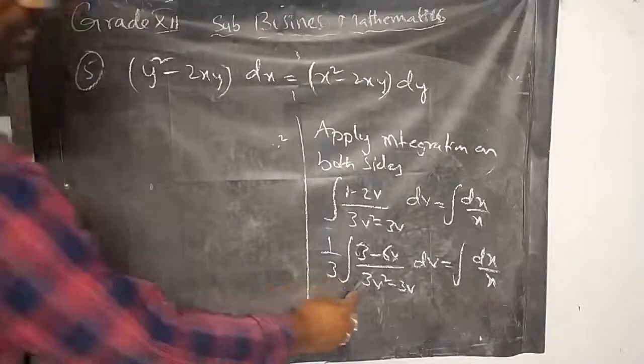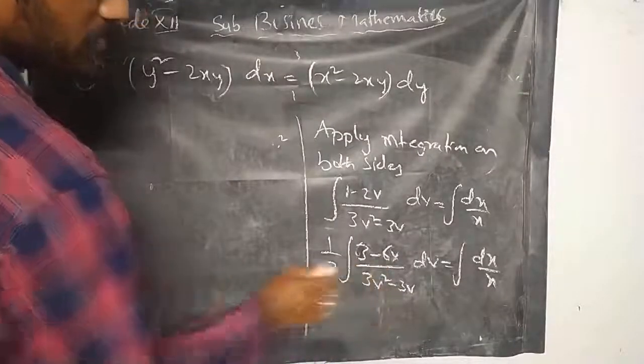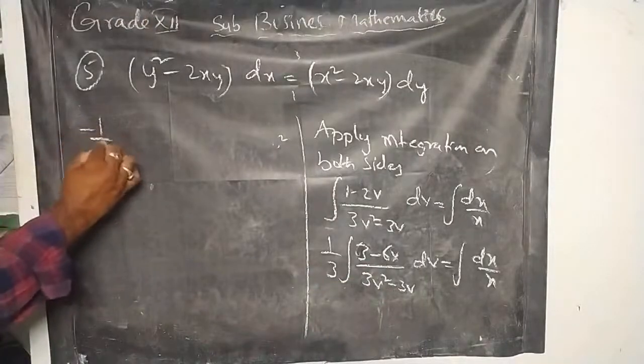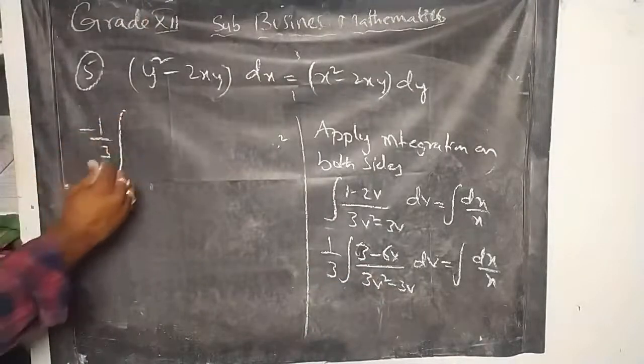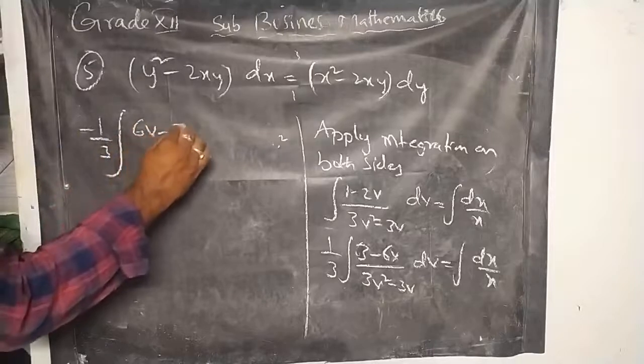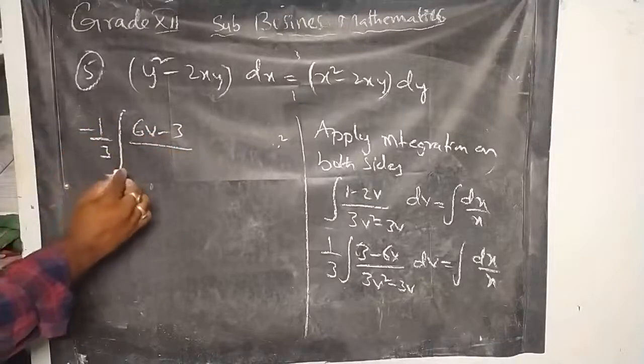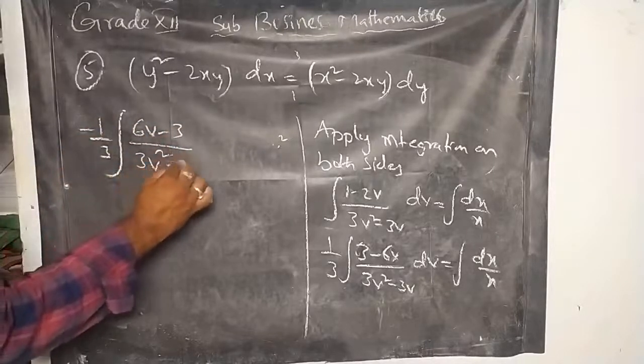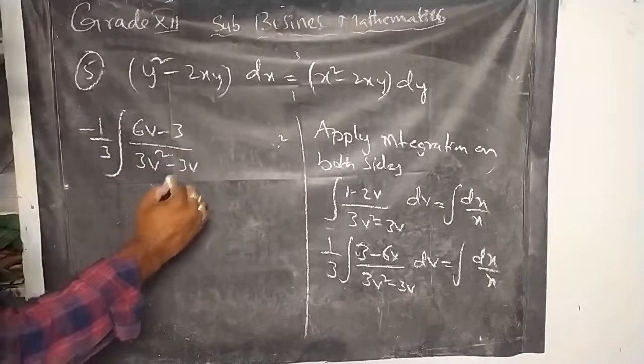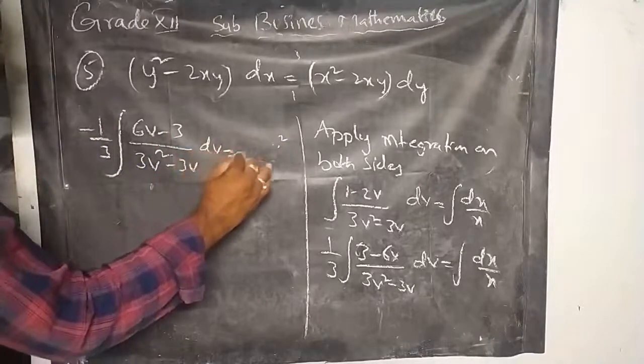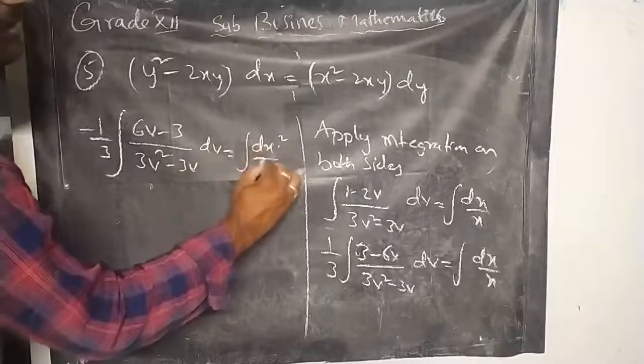So, but it is plus 6v. So let me take minus common. So minus 1 by 3 integral 6v minus 3 by 3v square minus 3v dv is equals to integral dx by x.